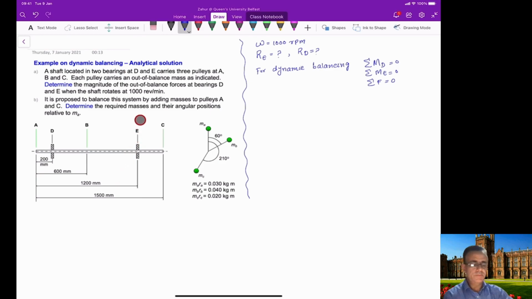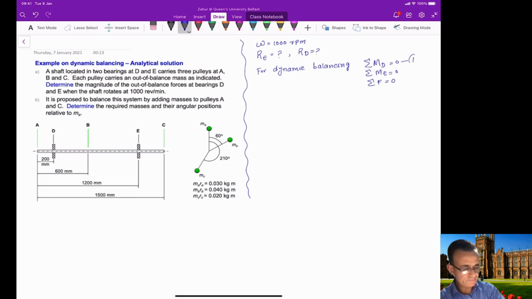Out of these three, we will use either 1 or 2, and then we will use 3.